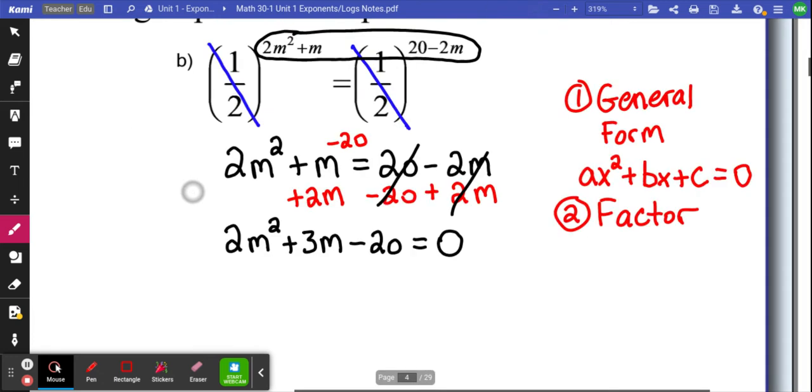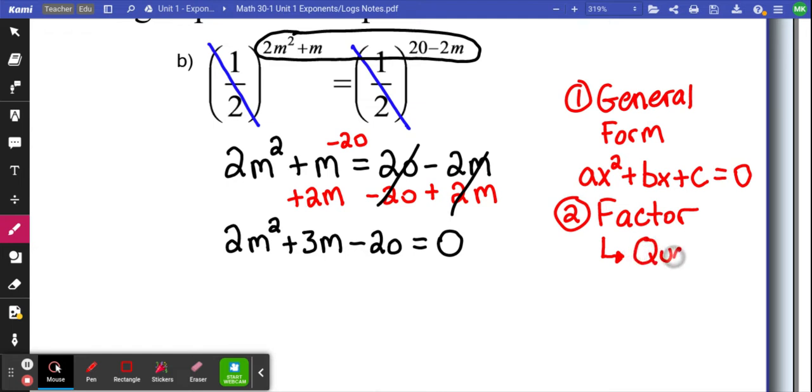If that doesn't work, then you can move on to the quad formula, because the quad formula will always work. Yeah, we'll do the diamond method. I think this is the better way to go. People are usually better at factoring than the quad formula.